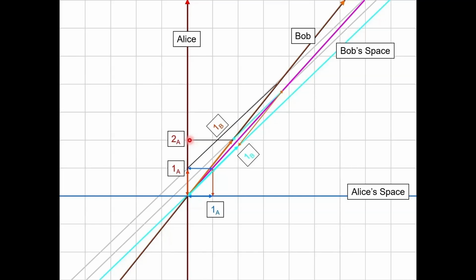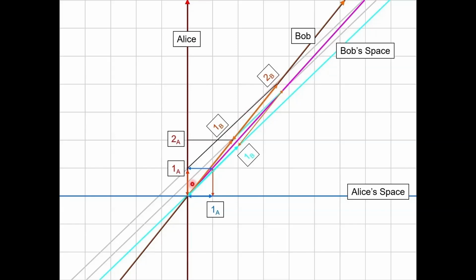Now let's try to see how Bob sees Alice's 1 second. So this is Alice's 1 second, and we go along a parallel line to Bob's space, and we hit Bob's world line at this point over here. And again, we can see that this point is 2 units of Bob's time.